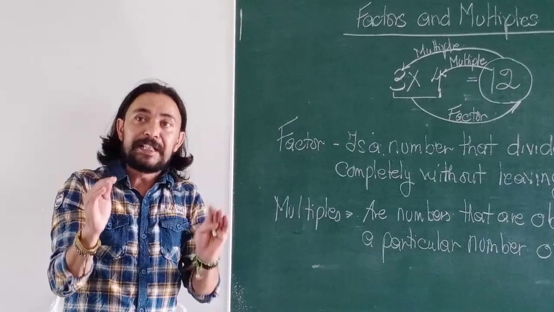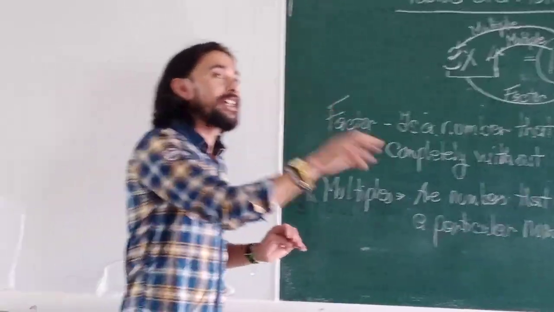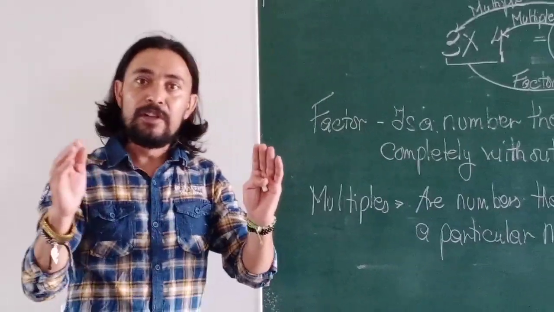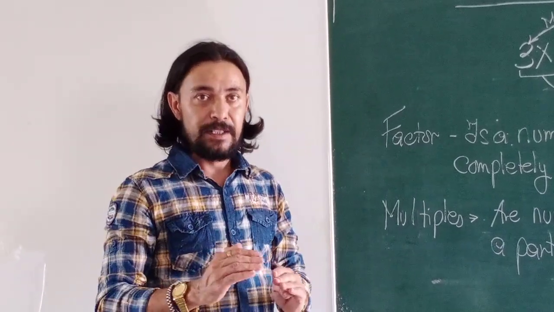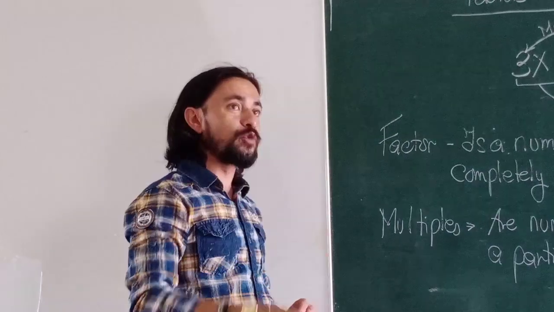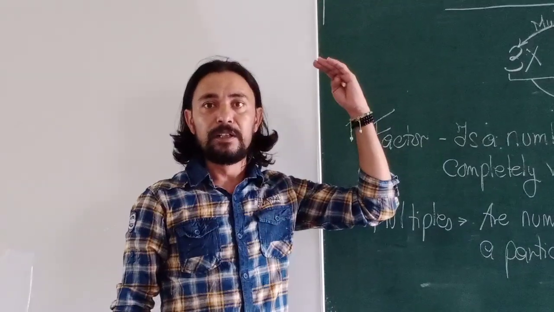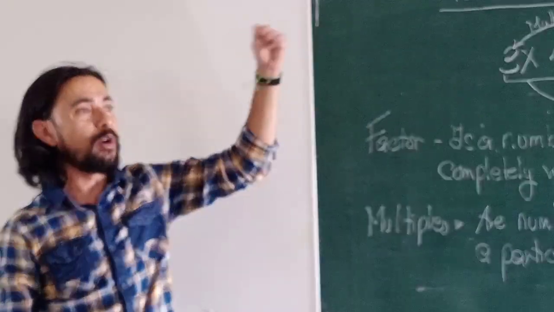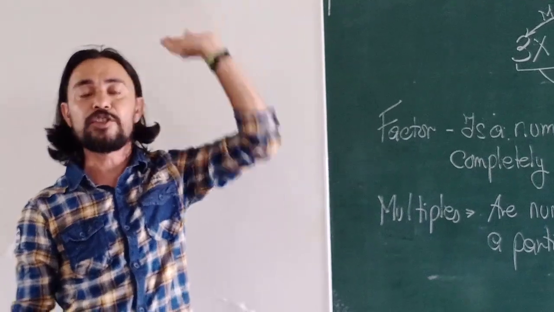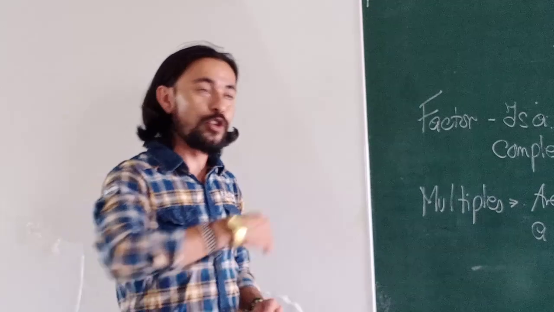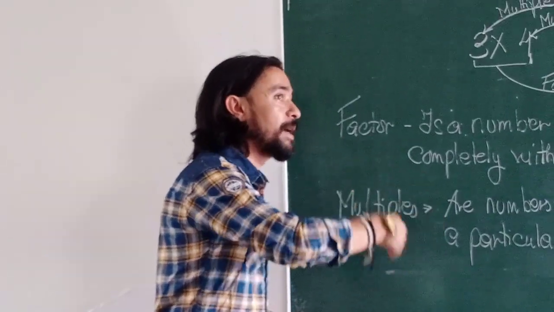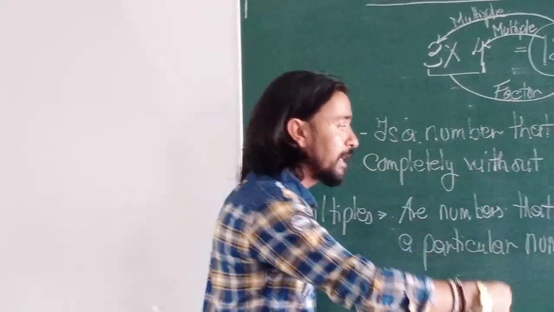Now you will have only a limited number of numbers that will divide a particular number, and therefore you can limit factors, but you cannot limit multiples. Because when I say tell me the multiples of 2, you have to keep on saying the 2 times table. Not only till 10, beyond 50, beyond 100, and so on. It never stops. Multiples don't stop, because you are repeatedly multiplying that same number again and again over a number of times.